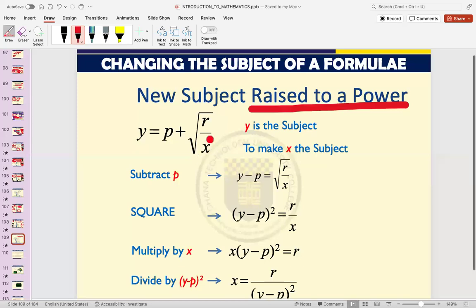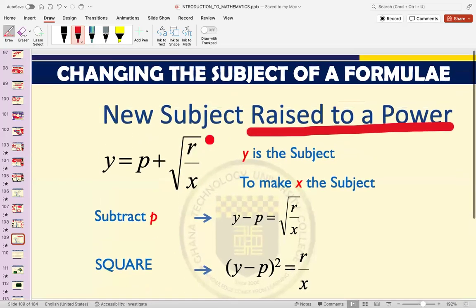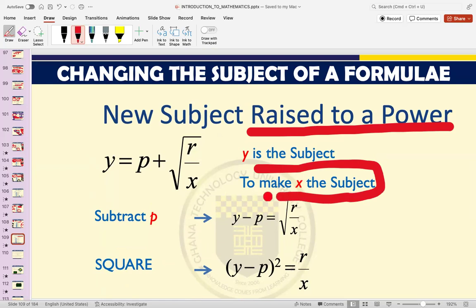It looks a bit scary, but we will do it. Now, our demand here is that they want us to make X the subject.